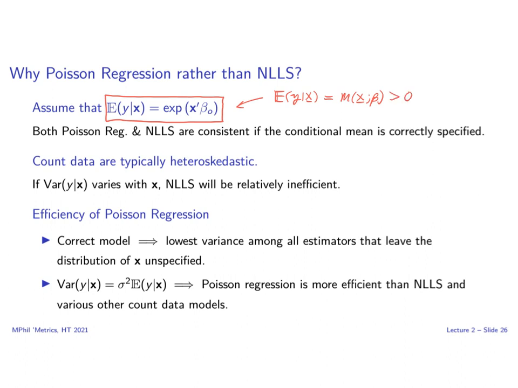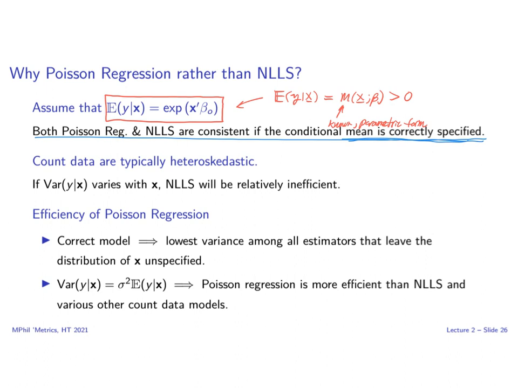The thing that's important is that we were willing to specify a parametric form for this conditional mean function. If we're willing to make such an assumption, it turns out that we can show that both Poisson regression and nonlinear least squares are consistent for beta naught, provided that we have indeed specified this conditional mean model correctly.